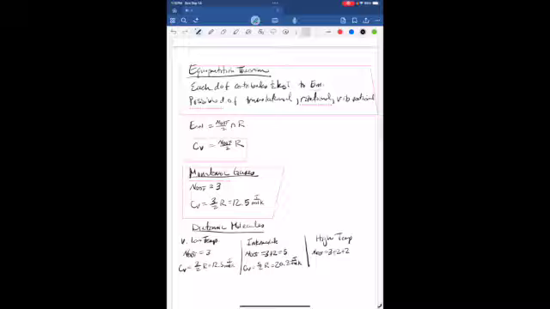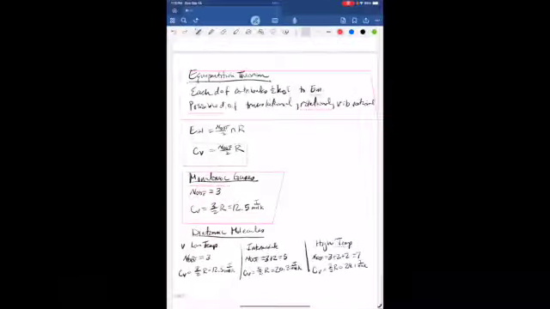So altogether, you have 7 degrees of freedom, and CV equals 7 halves R, which is 29.1 joules per mole Kelvin. Okay, so that's a diatomic molecule. And now you know that the diatomic molecule can never go above 7/2 R. So if you have a specific heat at constant volume greater than 7/2 R, then you've got a polyatomic molecule.